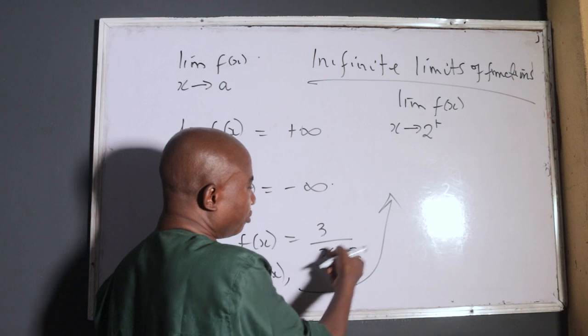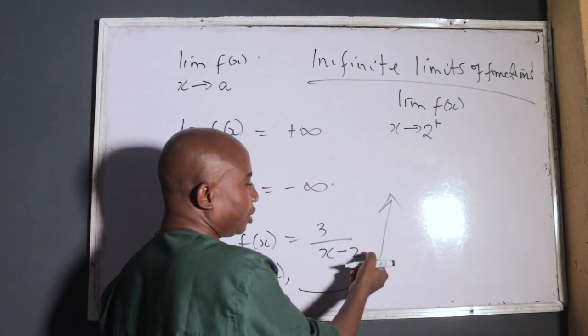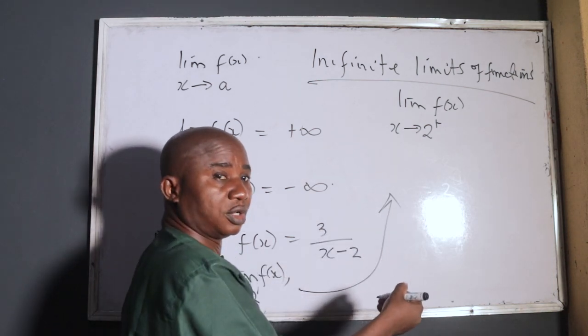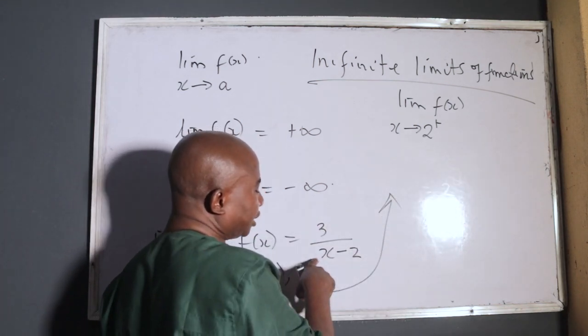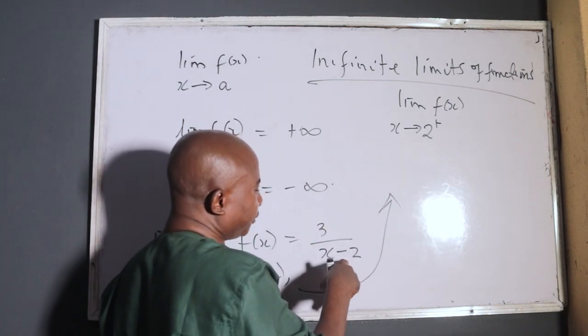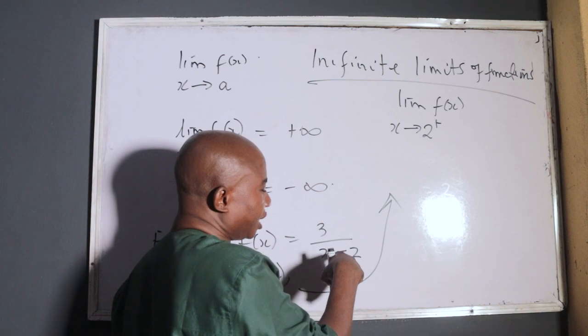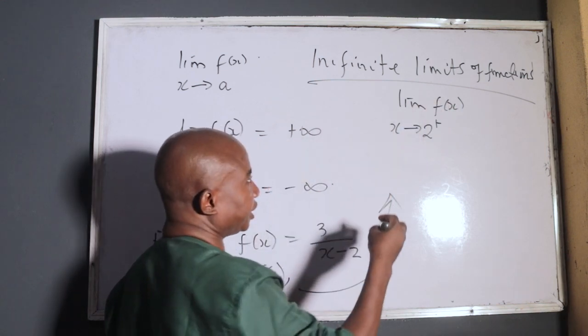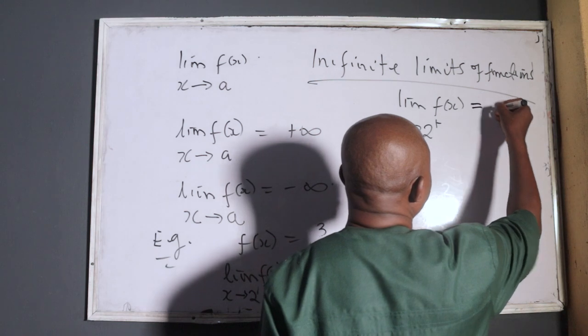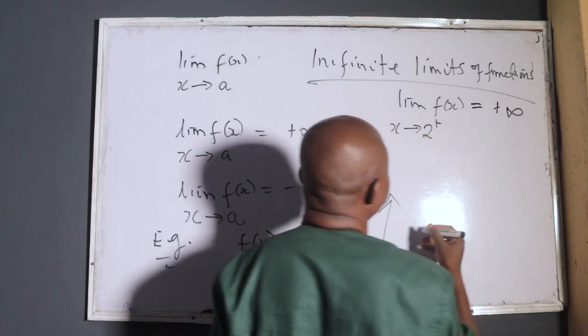For those, x minus 2 is greater than 0. As x approaches 2 from the right, x minus 2 approaches 0 and is positive, so 3 over x minus 2 will approach positive infinity. And so I can write this as plus infinity.